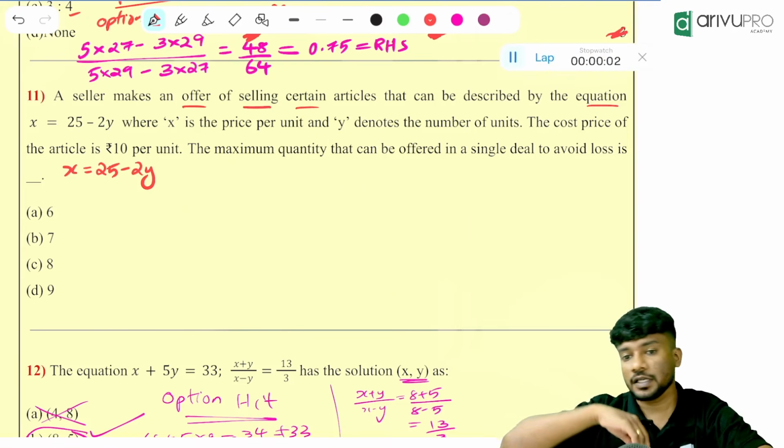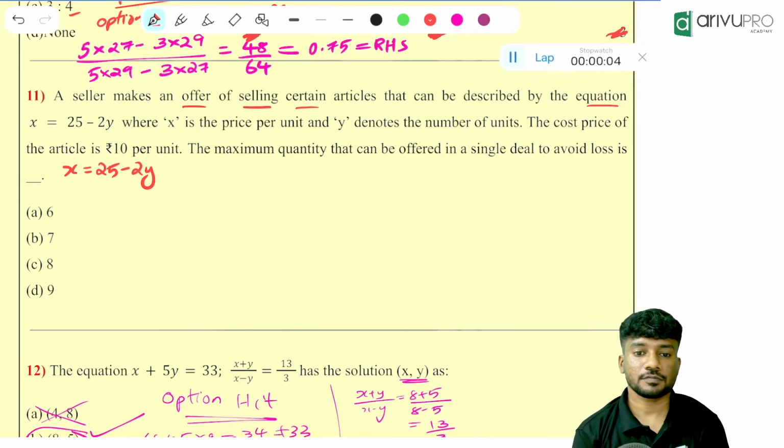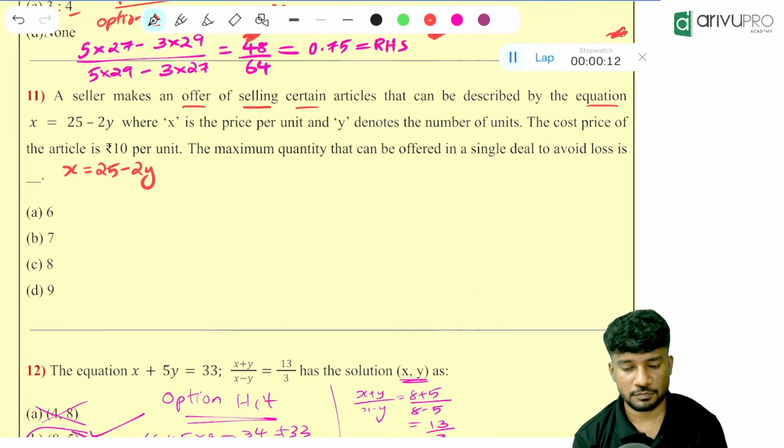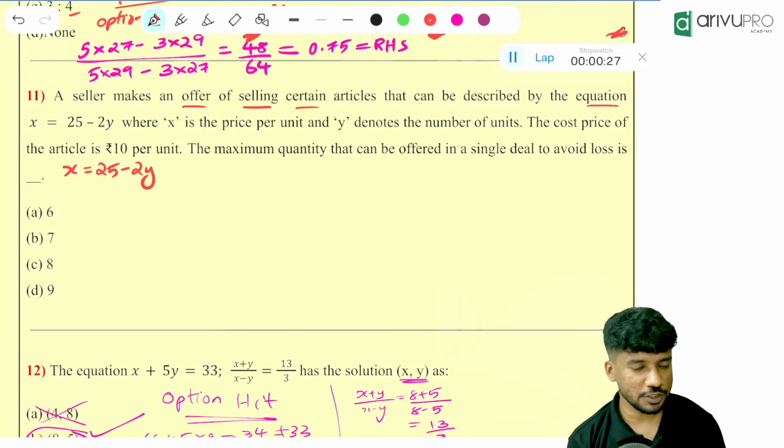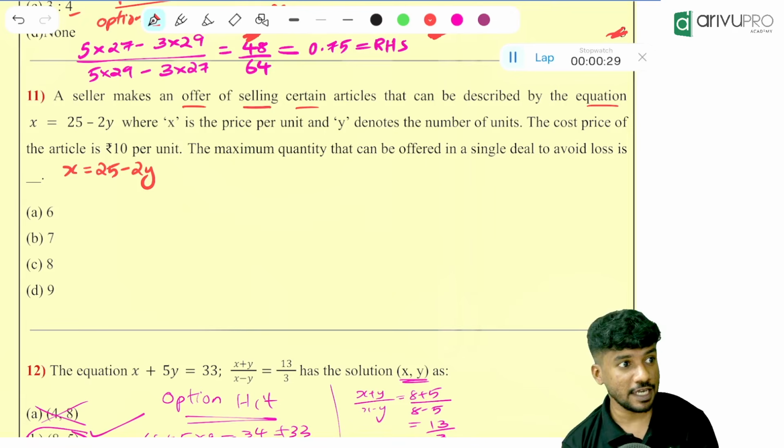Please try. Read and understand. You should understand what is X. Is X selling price or cost price? Selling certain articles, that means selling price is what? X. Okay. X is the selling price. One person told me the answer. Good. We'll check whether the answer is correct or not.